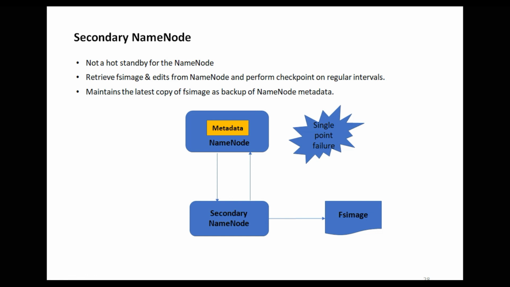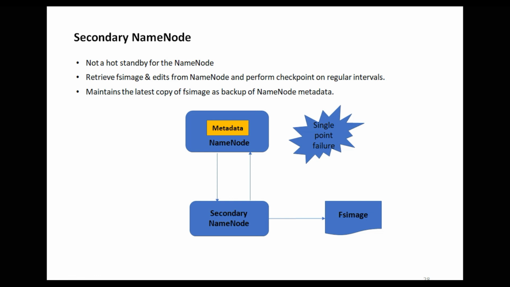It is only for storing a copy of the metadata. The usage of the secondary name node in Hadoop 1x is to store one more extra copy of the metadata. One copy is available in the name node, another copy in the secondary name node.